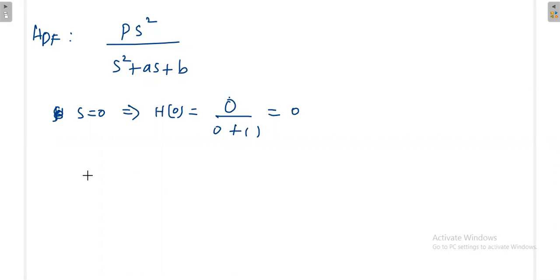Then what happens when you substitute s equal to infinity? Limit s tends to infinity of h of s. You cannot directly substitute infinity because infinity by infinity is an indeterminate form. So you divide both numerator and denominator by s square, then you get p divided by 1 plus a by s plus b by s square.